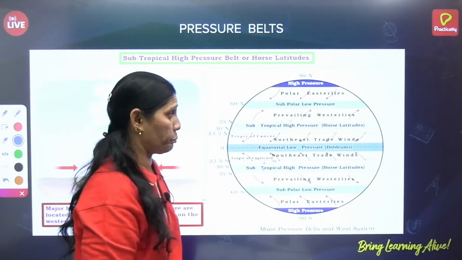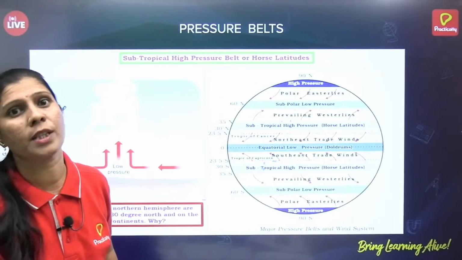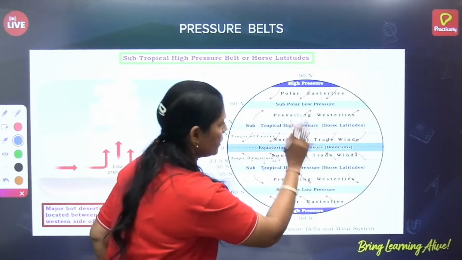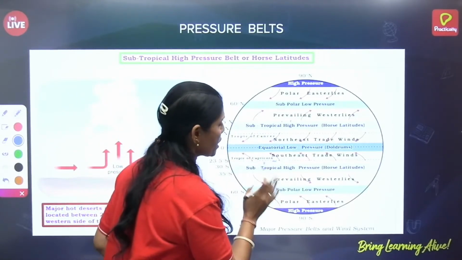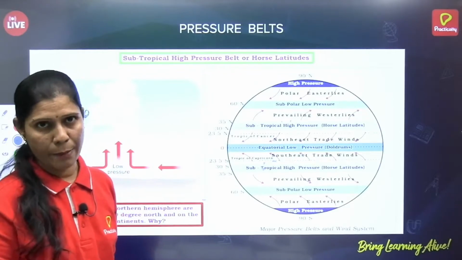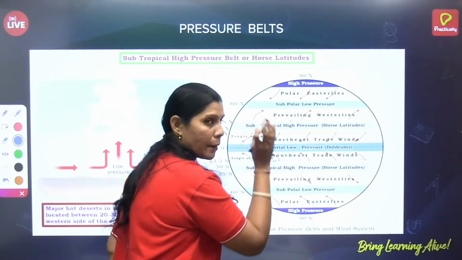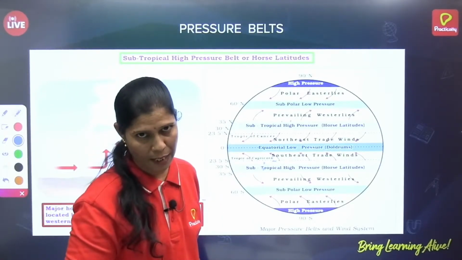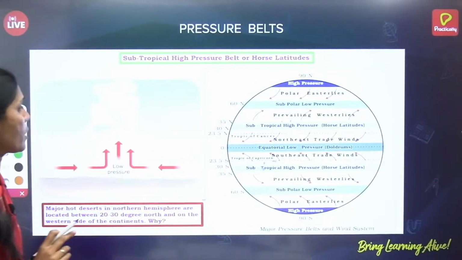That's why we consider pressure belts important for influencing the climate of any place on the globe. Even if you take France and India as major examples, they are mostly influenced by this.